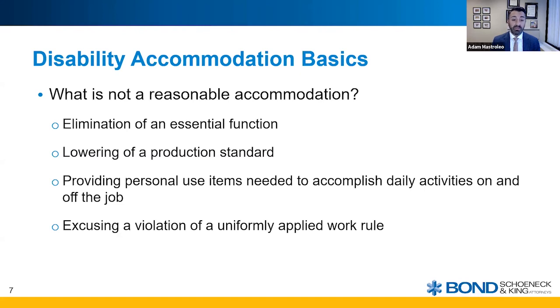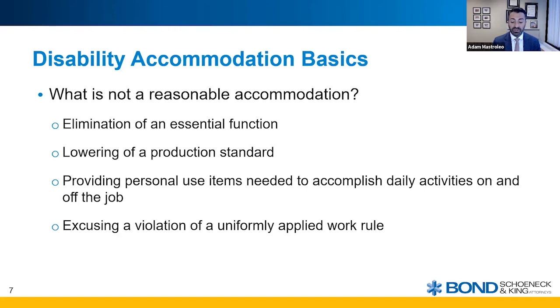Similarly, lowering of a production standard. You don't have to lower quantifiable or qualitative production standards for individuals with disabilities. You may, however, be required to provide an individual with a disability an accommodation that allows them to meet that production standard, but you don't have to reduce the production standard.